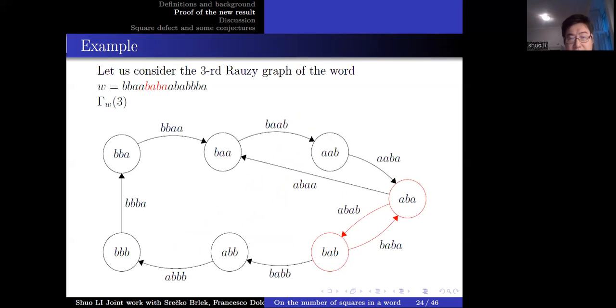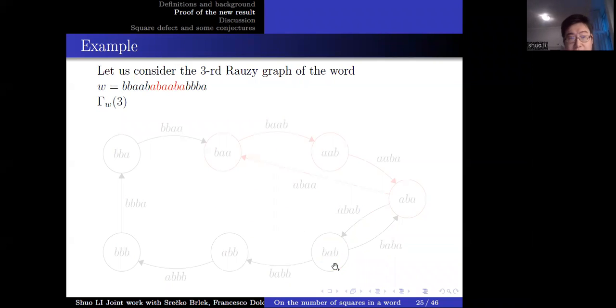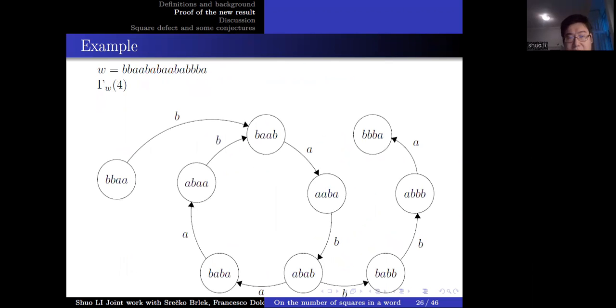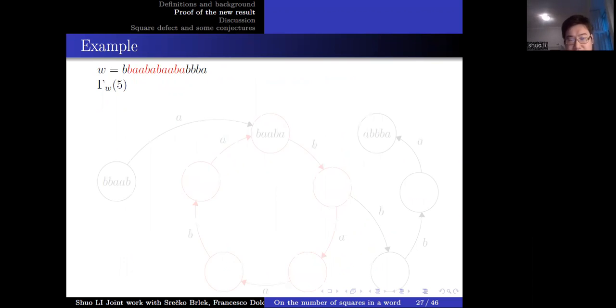The word BABA will be associated with this small secret on gamma 3, and the word ABA will be associated with this small secret on gamma 3 as well. On gamma 4, there exists one secret like this, but this secret is not small, so it will not be associated with any squares of W.